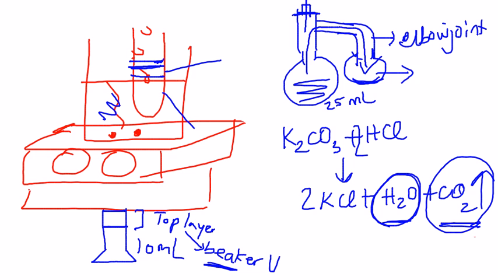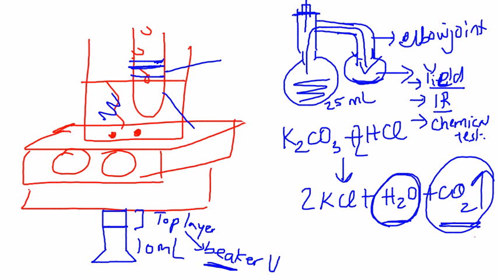You will then go ahead and take the yield of that, and you will also do an IR on that. In addition to that, you would be running a chemical test, which I'm going to talk about in a second.